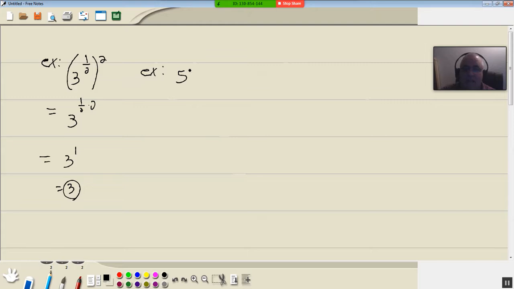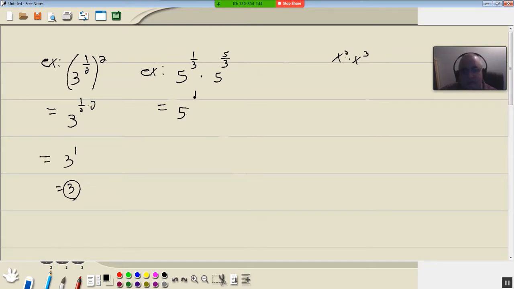Now if I had 5 to the 1/3 times 5 to the 5/3, well, remember where we had x to the 2nd times x to the 3rd? X to a power times x to a power, you add the exponents. These are both 5. Well, since they're both 5 to a power, I'm going to add my exponents.